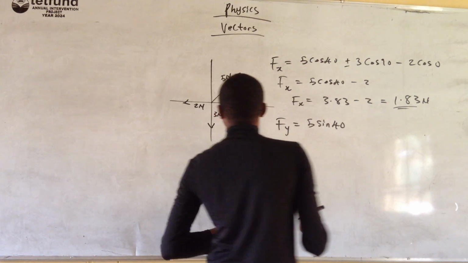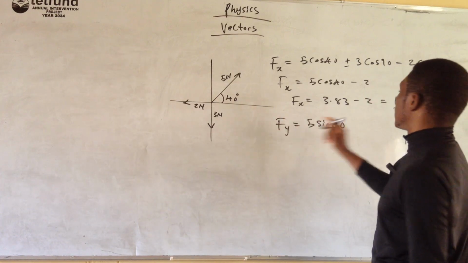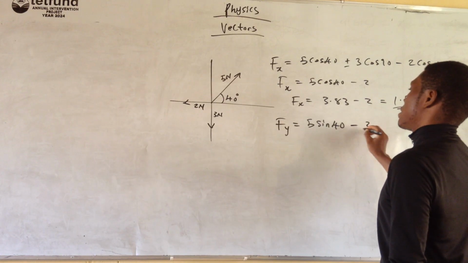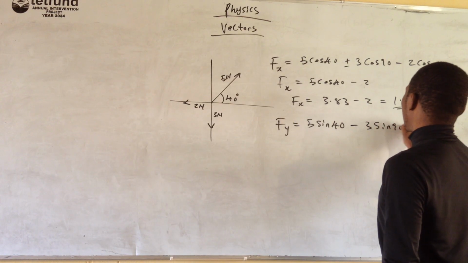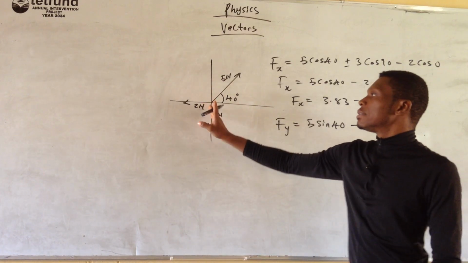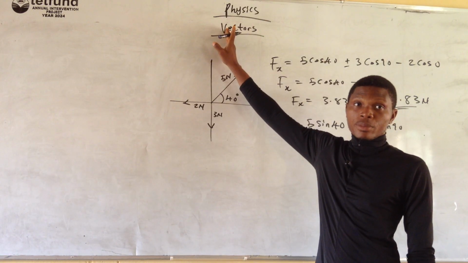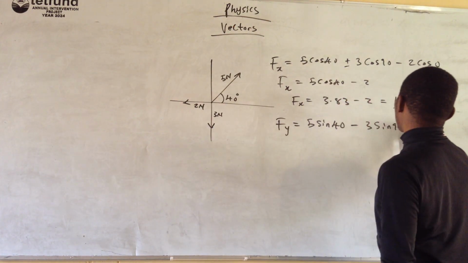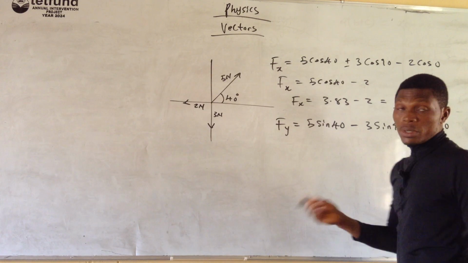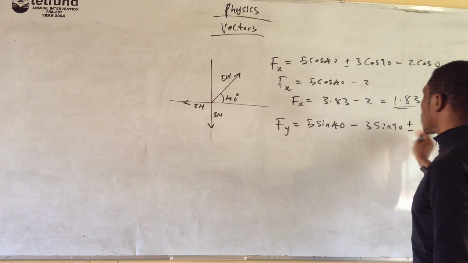So 5 sine 40, then minus, this one is going down, minus 3 sine 90, okay? This one has no component in the vertical direction, okay? So we just put plus or minus 2 sine 0. Although it's 0, I just want to express it.